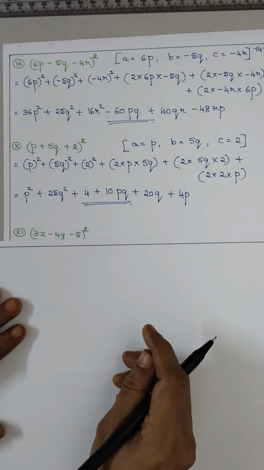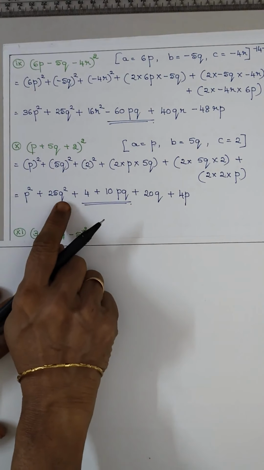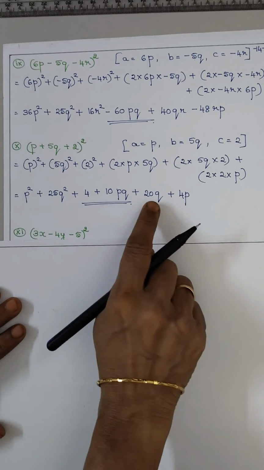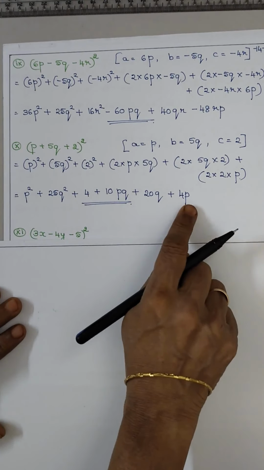So the final answer, p square plus 25q square plus 4 plus 10pq plus 20q plus 4p.